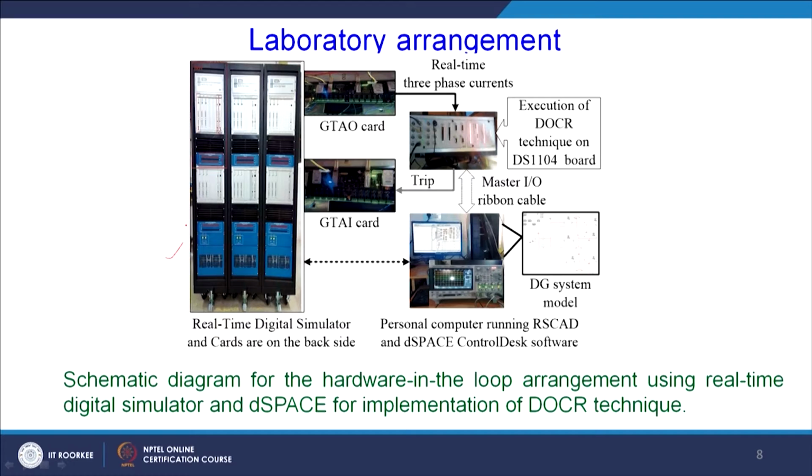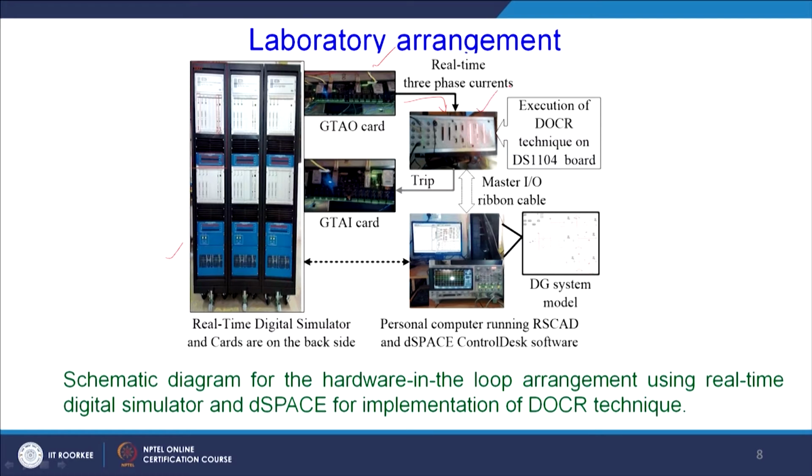So, all kinds of renewable sources are available in this RTDS software. There are different types of analog cards, and using this analog output card, we have taken the 3-phase currents to the dSPACE.